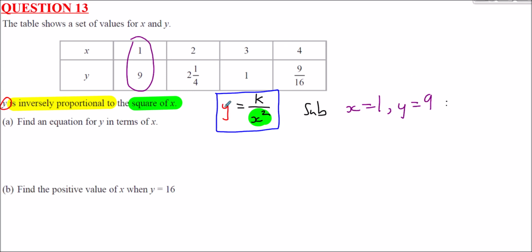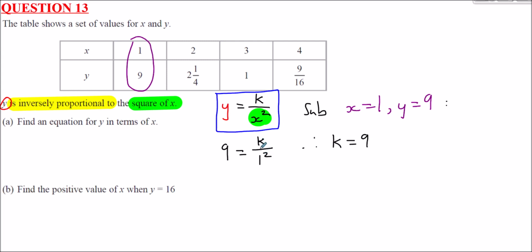So y, which is 9, equals k divided by x squared. So when x is 1, that's going to be 1 squared. So in other words, k is just going to be equal to 9, because 1 squared is just 1.